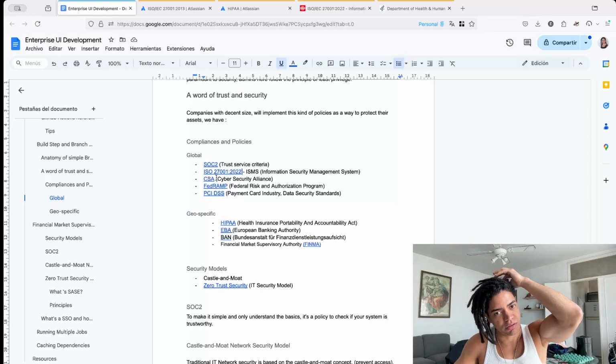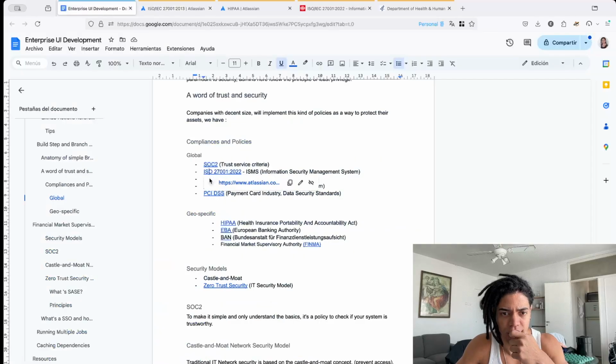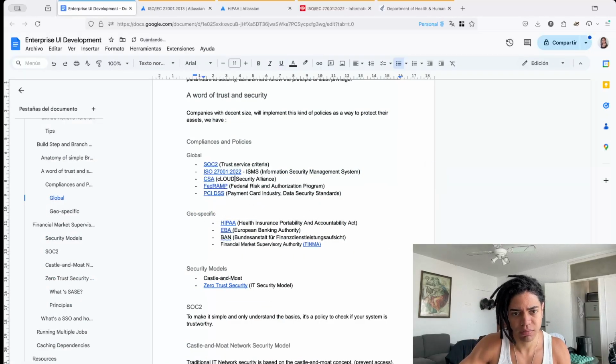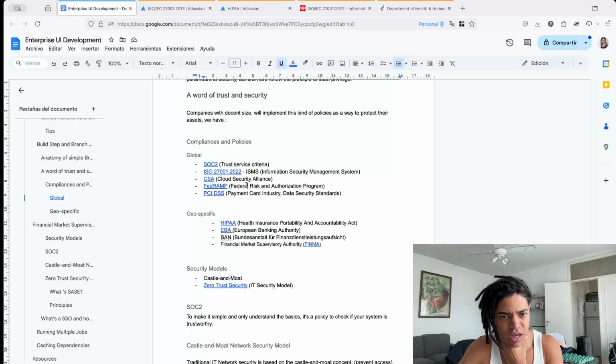We also have the Cloud Security Alliance for cloud computing. We also have a program made by the US to reduce risk and authorizations, and the Payment Card Industry Data Security Standard.